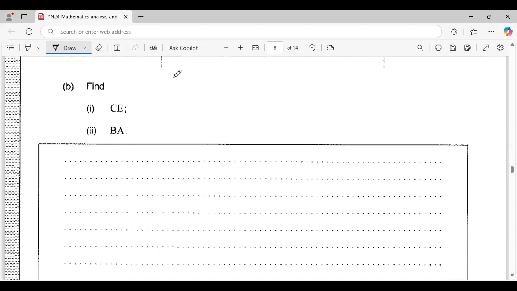To find CE, I would like to show you the two triangles. The first triangle is this one, a right angle triangle. This is 50 centimeters, and this angle is 59.74.